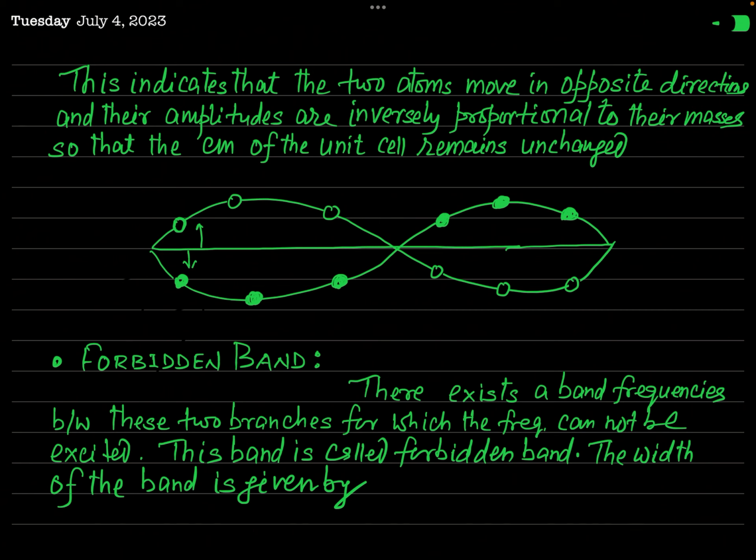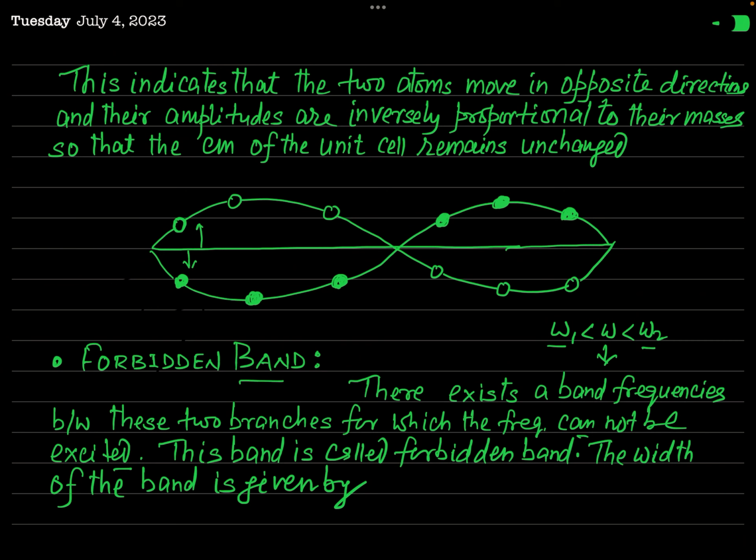Now, as I have told you, an important feature of this lattice vibration is the forbidden band. You can see that there exists a band of frequency between these two branches for which the frequency cannot be excited. As I have told you, the frequency omega 1 less than omega less than omega 2, this frequency which lies between omega 1 and omega 2 cannot be excited in this lattice.